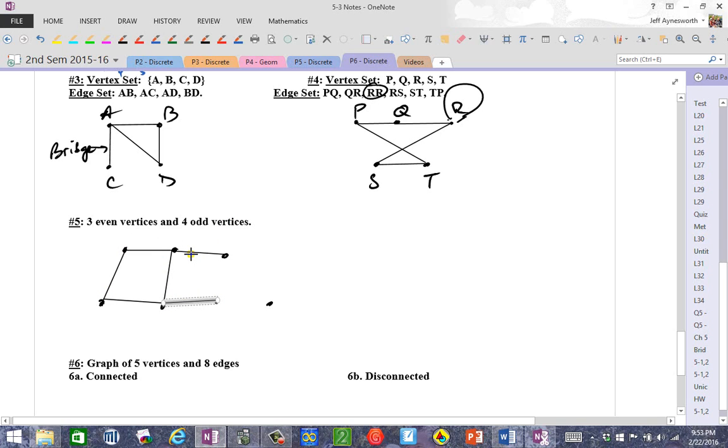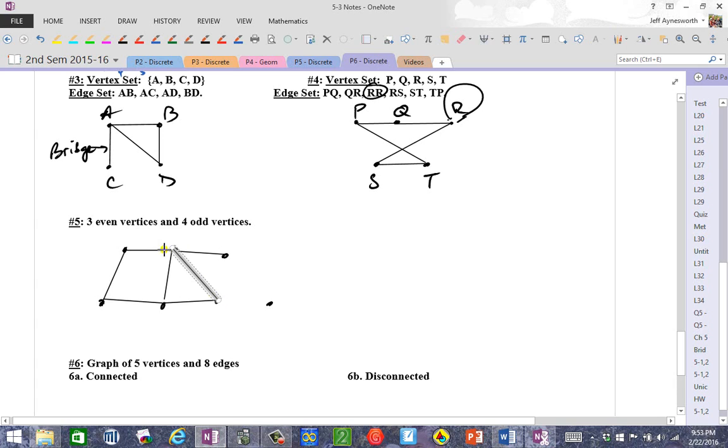So I've got, let me see, degree 1, degree 3, degree 3. Let me see if I connect here. That's not going to work. Let's see here. Degree 3, degree 3, degree 2, degree 2. Let me see what would happen here. 1, 2, 3, 4.